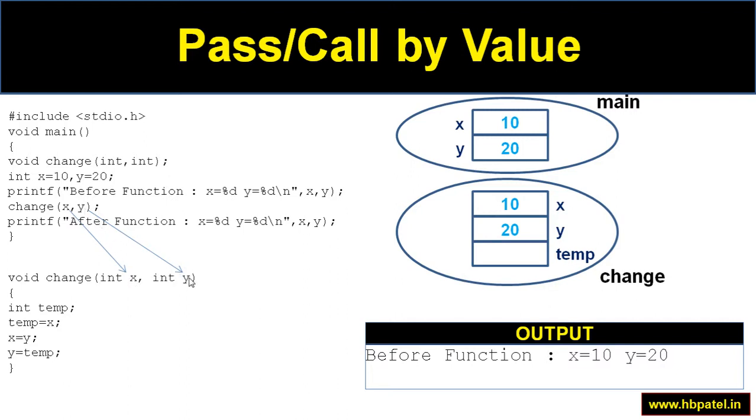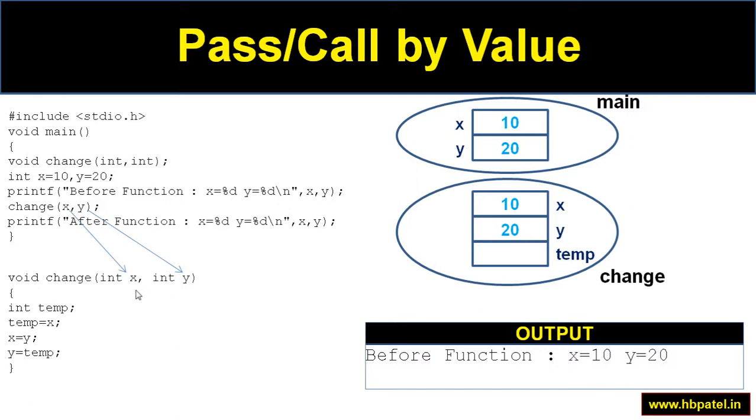One needs to understand that these x and y are two separate variables local to the change function. So in change, x and y are different variables. The only thing is the value of x is copied into this x and the value of y is copied into this y. So this 10 is copied into this and 20. So x and y are 10 and 20 respectively.